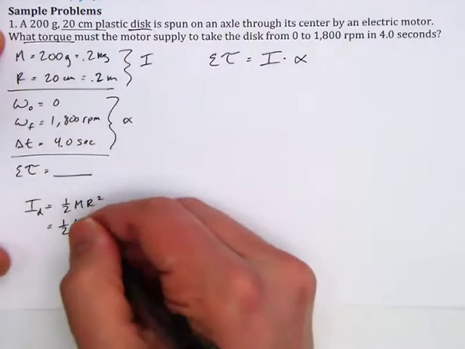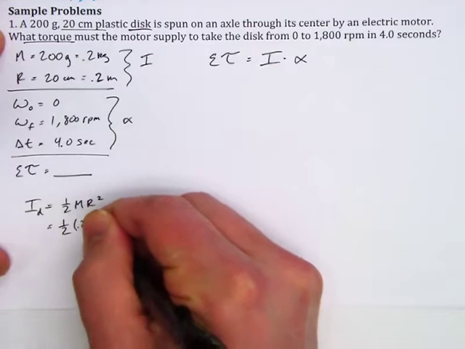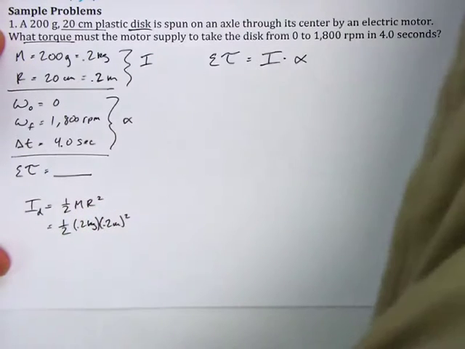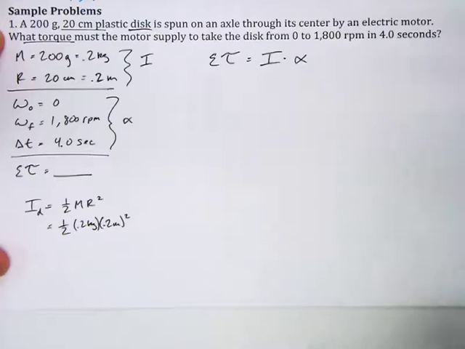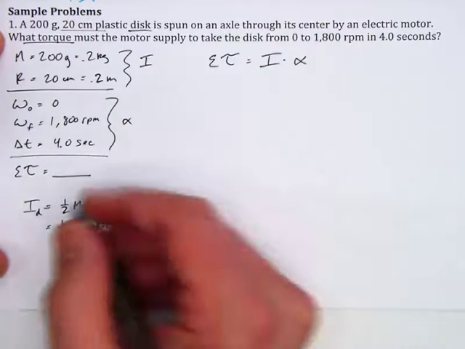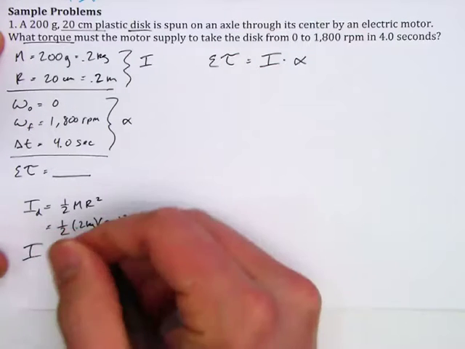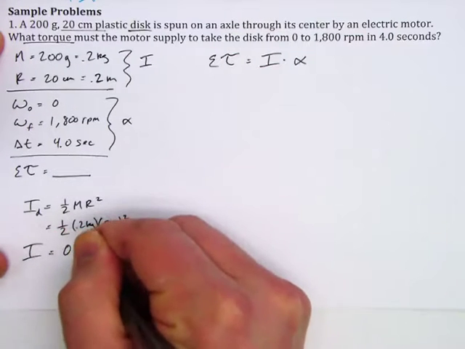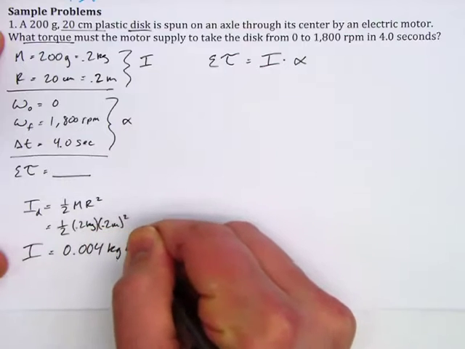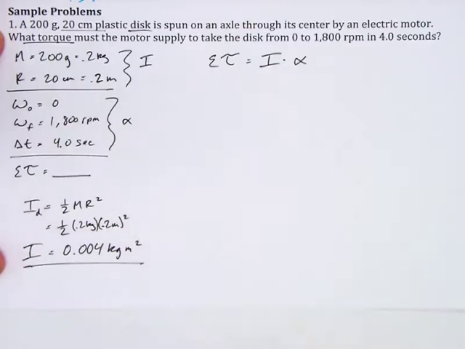So 1/2 times 0.2 kg times 0.2 meters squared. Let's get your calculators out. All right, that'll give me a moment of inertia of 0.004 kilogram meters squared.